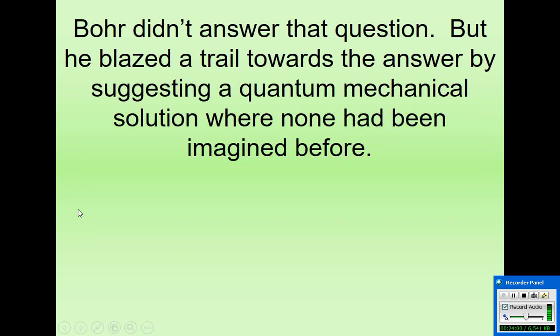Now, Bohr knew about Rutherford's results, and Bohr knew about this business with atomic spectra. And what Bohr did was he did not answer the question about why the electron doesn't spiral into the nucleus. But he did shift the goalposts in terms of what needs to be explained.